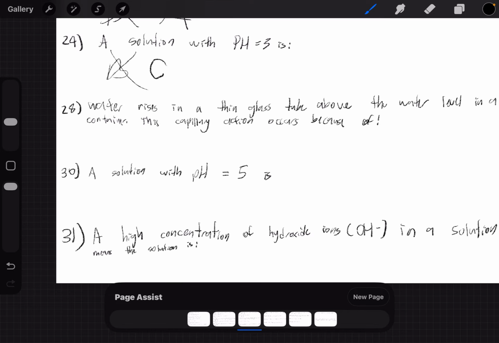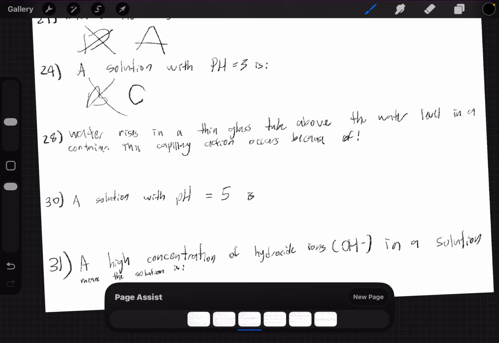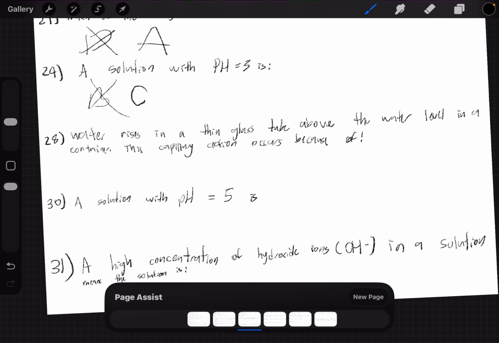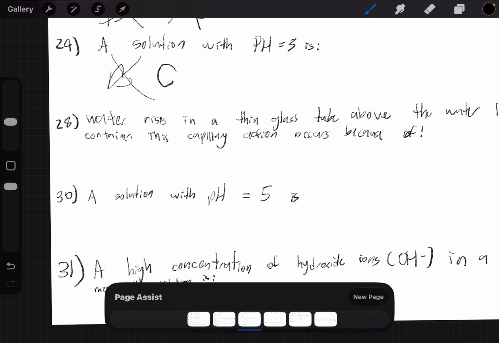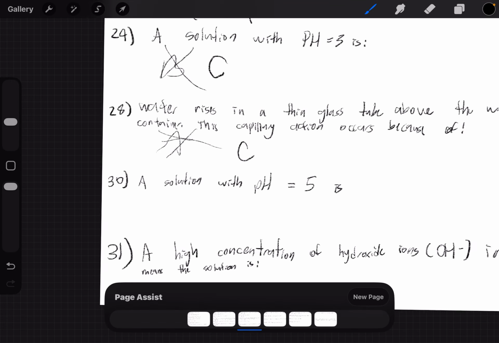28. Water rises in a thin glass tube above the water level in a container. This capillary action occurs because of. So for this, I wrote A, but I was actually wrong, and the real answer was C. 30.